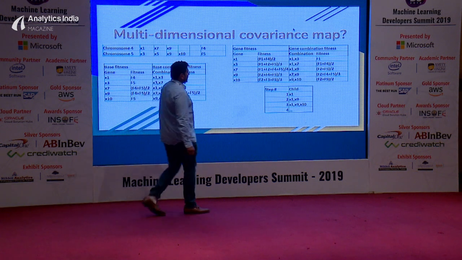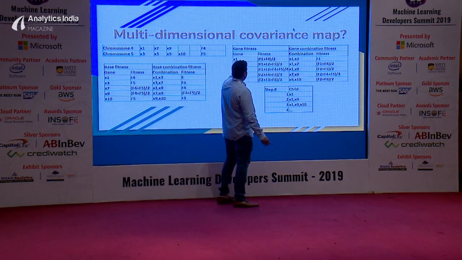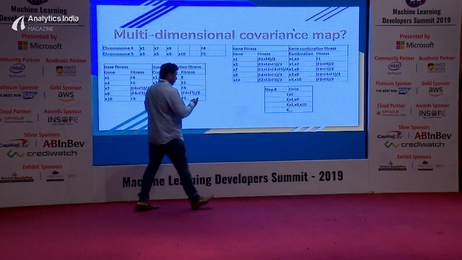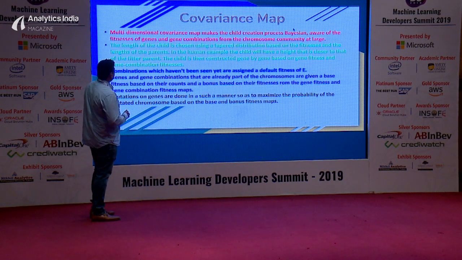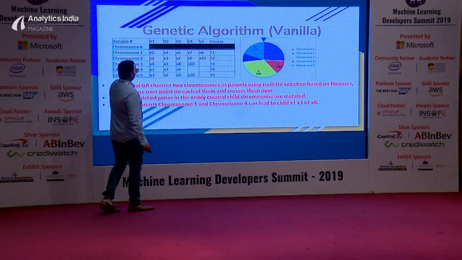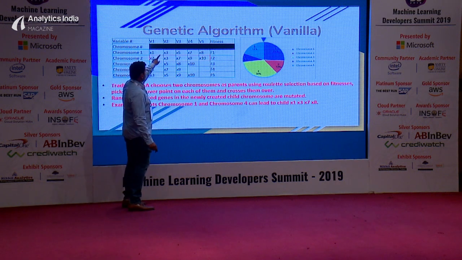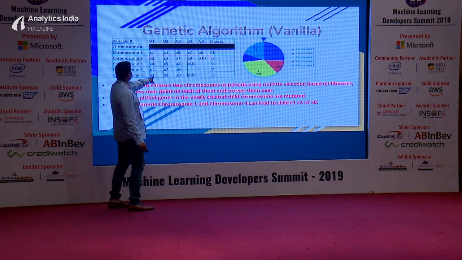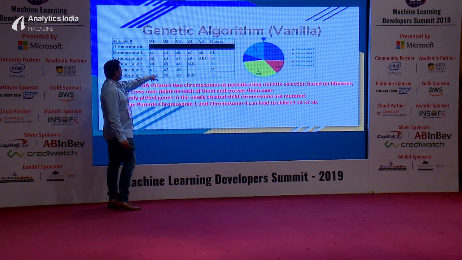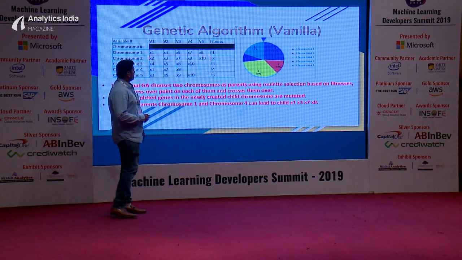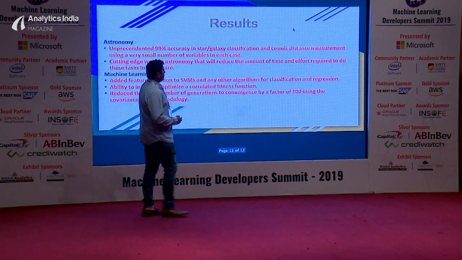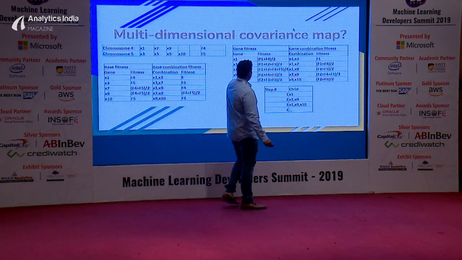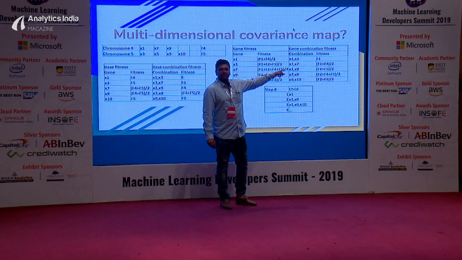If I were to take the fitness of something like X3, and you go back to the previous slide and look for X3, X3 occurs here, here, and here. So it's actually in 1, 2, and 5. So the fitness of X3 should be F1 plus F2 plus F5 divided by 3, right?